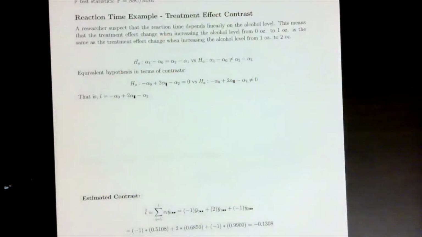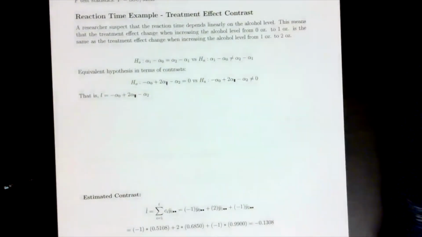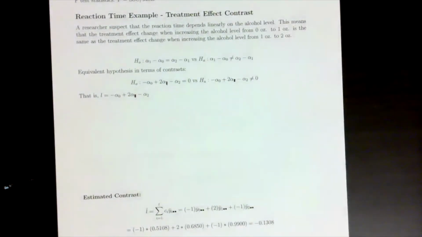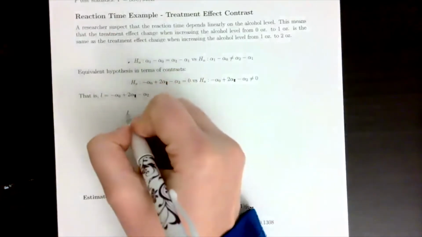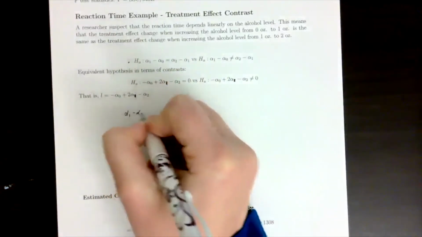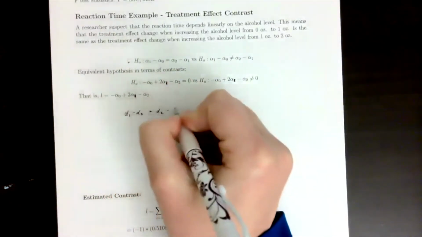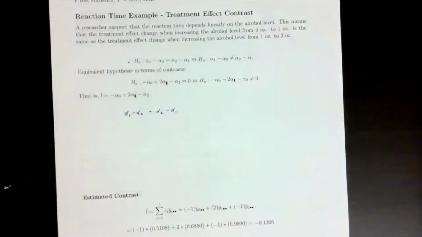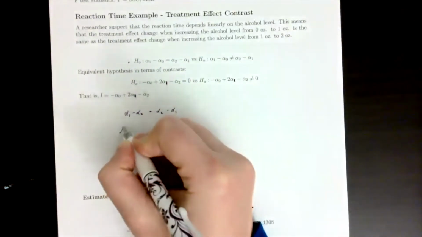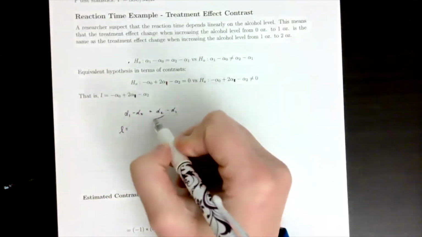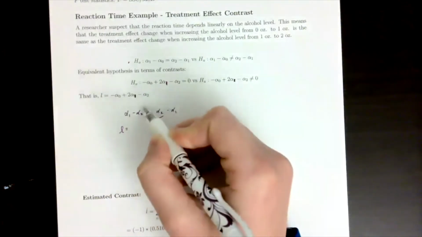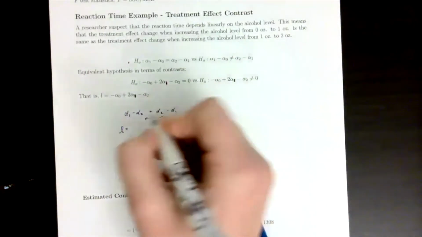Okay, so let me just talk a little bit about how we got here and what our contrast coefficients would be for this particular example. So we're going to start at this hypothesis. So we're going to have alpha 1 minus alpha 0, alpha 2 minus alpha 1. And how we're going to get our L is by bringing this side over here, or vice versa, you could bring that side, which we'll talk about in a second.